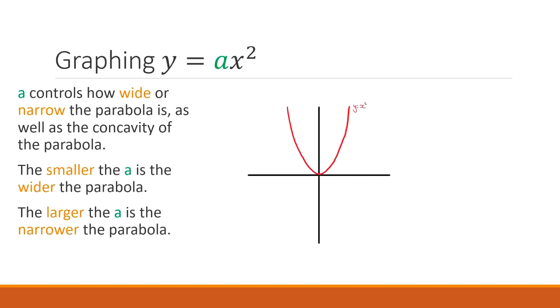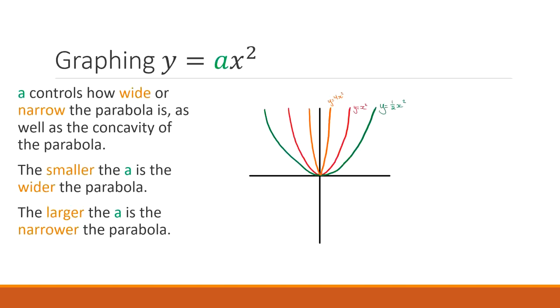The smaller the a value is, the wider the parabola, as you can see on the screen. In red, you have the original y equals x squared. We add a relatively small number, a half, out the front of x squared, and you can notice that it gets wider. Now, if I make a large value for a, the parabola becomes narrower. On your screen you can see y equals 4x squared in orange.